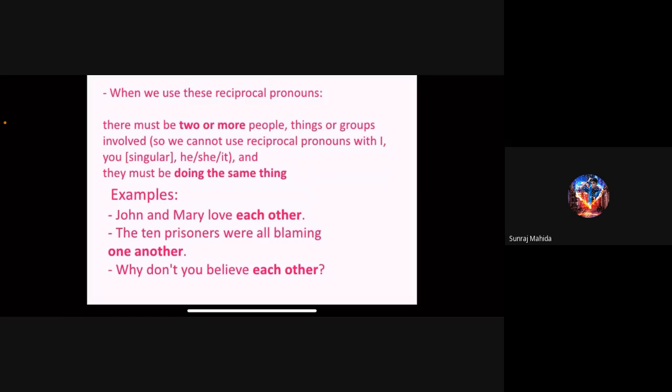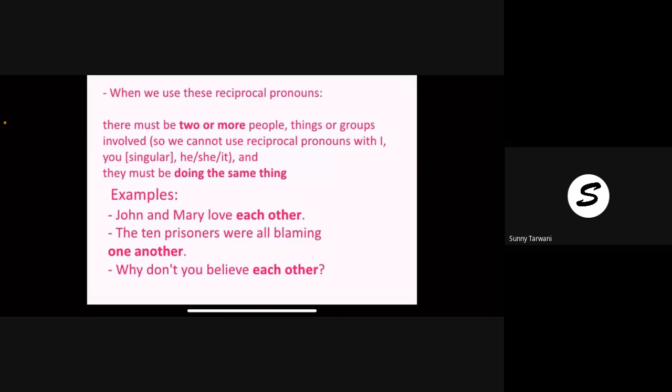Examples: John and Mary love each other. The ten prisoners were all blaming one another. Why don't you believe each other?